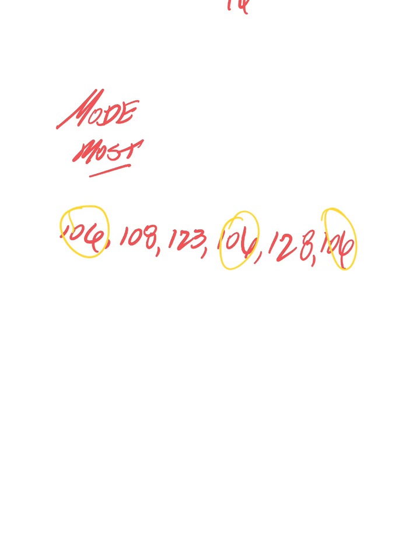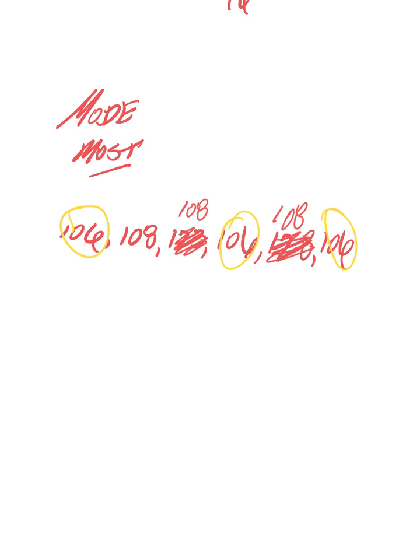If, and I don't think the book even mentions this, but if, let's say one of these scores, let's change this 128 to a 108 and the 123 to a 108. Now look what we've got.